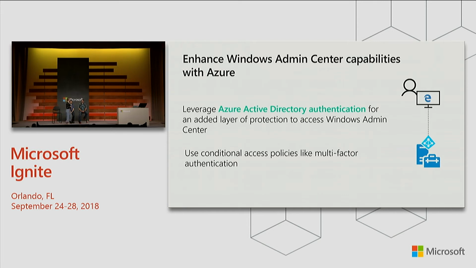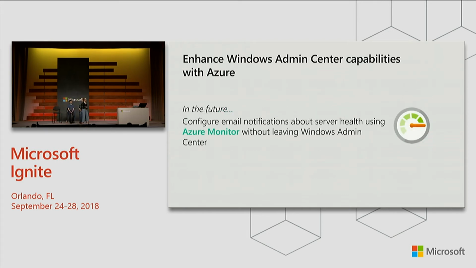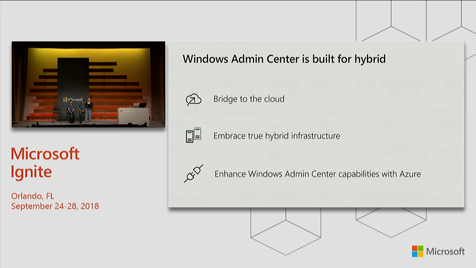And we want to take this even further by integrating with Azure Monitor to give our users email notifications about server health, letting you really monitor your server health, leveraging the power of Azure Monitor. So those are 3 ways that Windows Admin Center really supports you wherever you are with hybrid, helping you leverage Azure services, bridging to the cloud, supporting you wherever you are with your hybrid infrastructure, and then pulling in the rich capabilities of Azure to enhance Windows Admin Center.